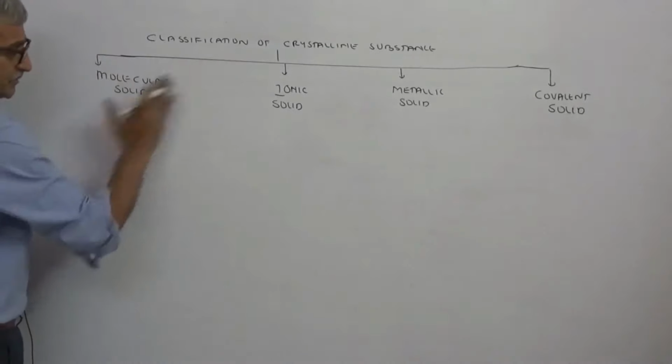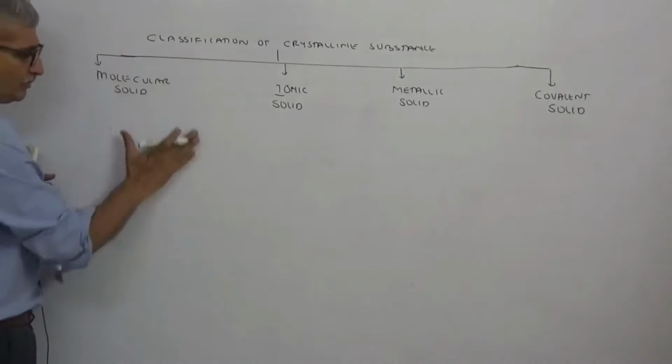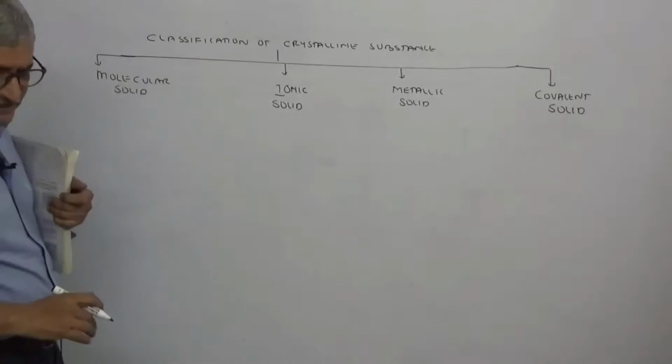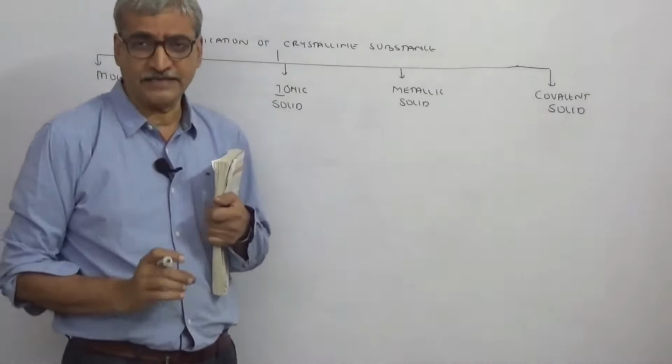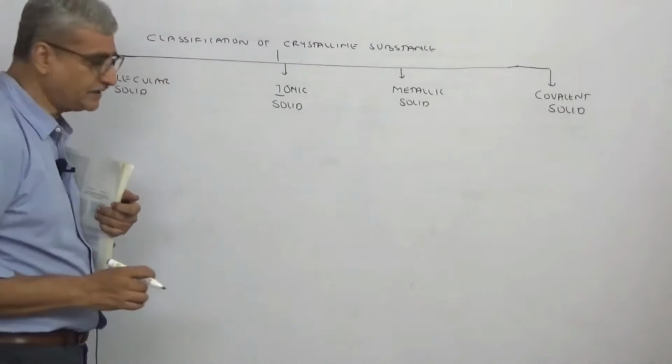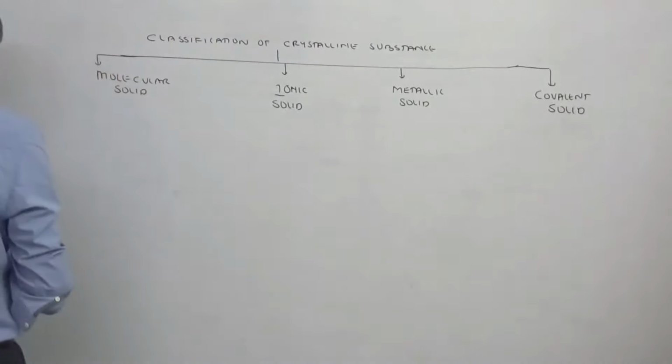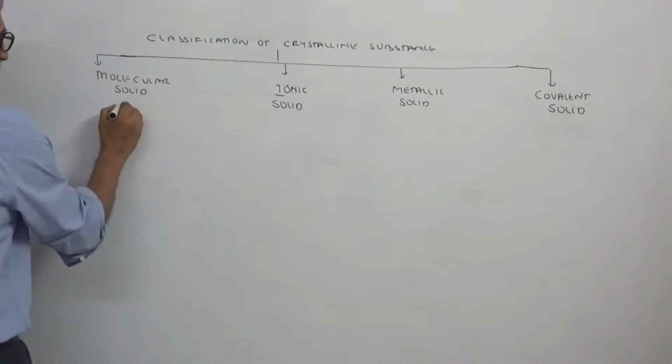Our whole concentration today will be on molecular solid, because each is a question. How will they ask? Write a short note on molecular solids, with an example of each. There is also a give-reason question. So what will be in molecular solids?